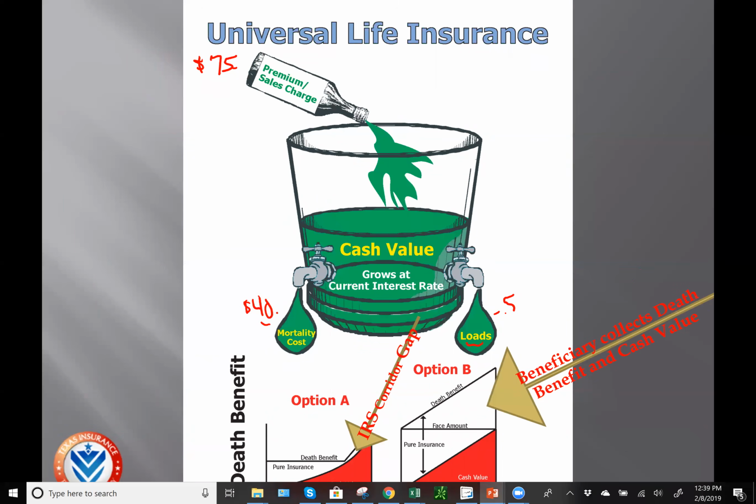And let's say that's $5 a month. Now, $45 a month is going out for the life insurance and for the expenses, which means there is $30 left that will go to build cash value. And it will either grow at the current interest rate, whatever the current interest rate is out in the real world, or the guaranteed minimum interest rate, whichever one is higher.